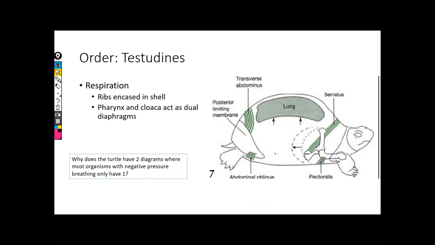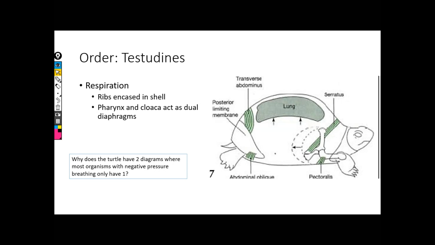Your ribs are stuck the way that they are. That also means that your whole thoracic cavity, which we expect to get bigger and smaller, probably is not going to happen for Mr. and Mrs. Turtle, because it's stuck and fused to exactly the size and shape that it is because, well, it's a shell.